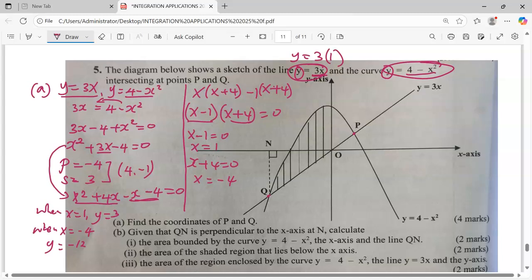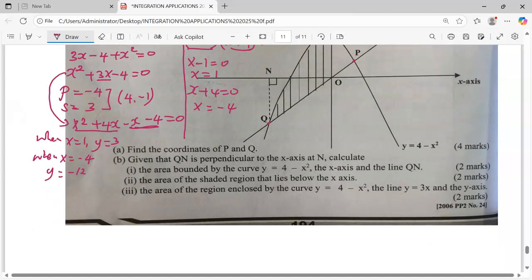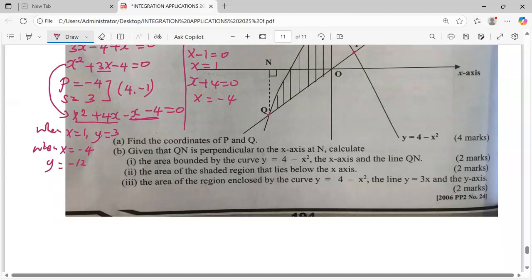That means at this point now, we can give the coordinates of P as 1, 3. The reason why is that P is above the x-axis and the coordinates are positive.